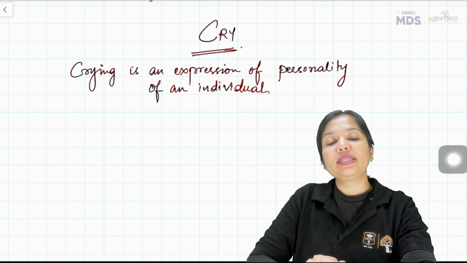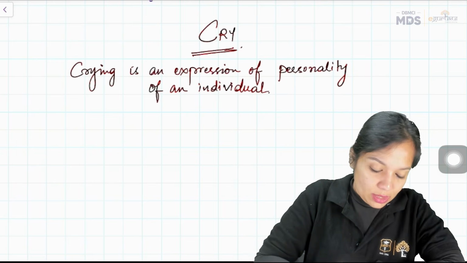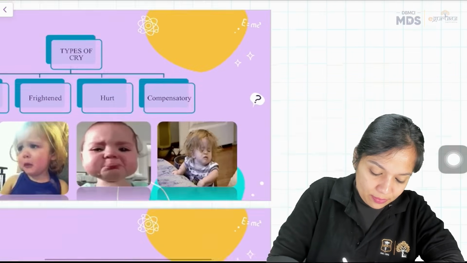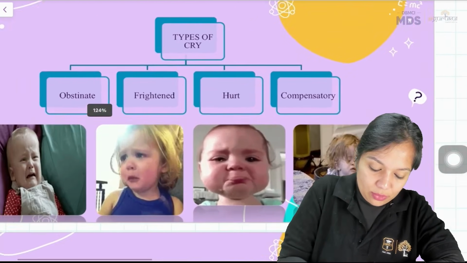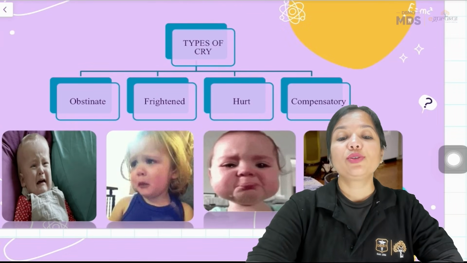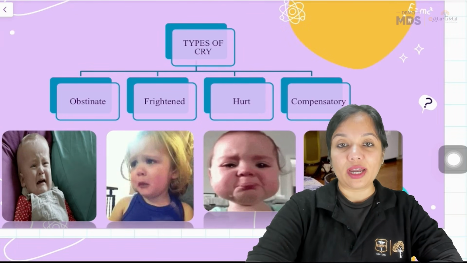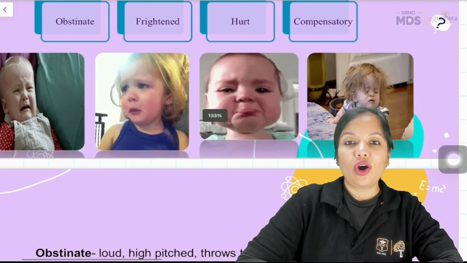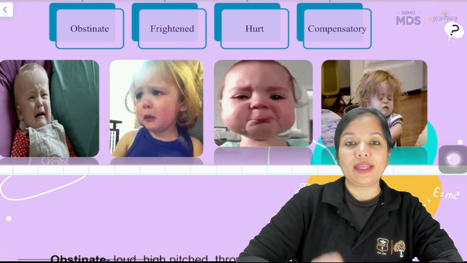So, what are the various types of cry? Let me show it to you in a very beautiful diagram. There you go. So various types of cry are these, and you can see beautiful pictures of babies crying there.